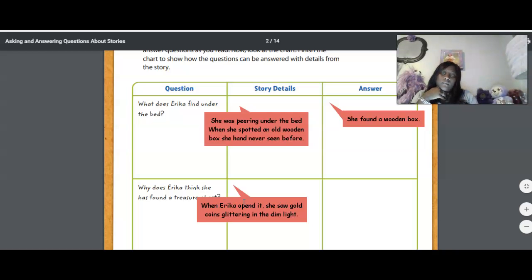So, did I get this sentence directly from the story? Is this a correct, accurate story detail? Yes, it is. This is information from the story.